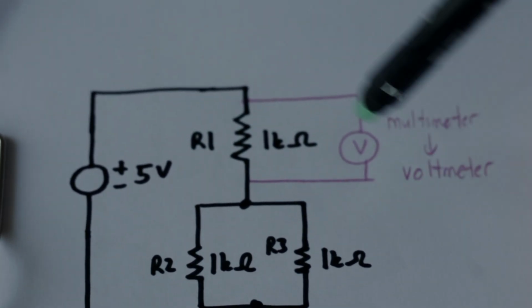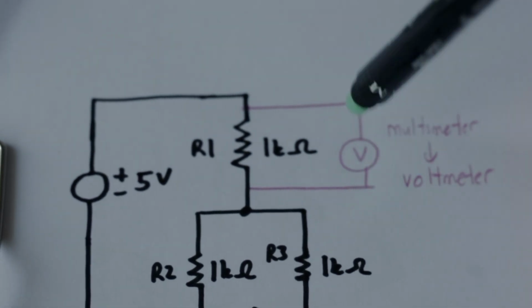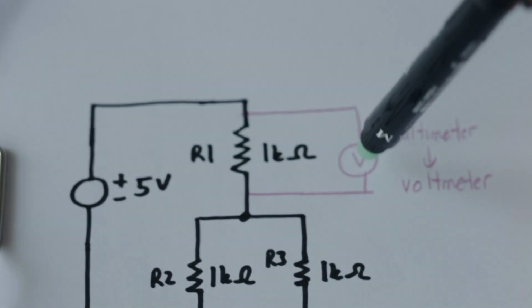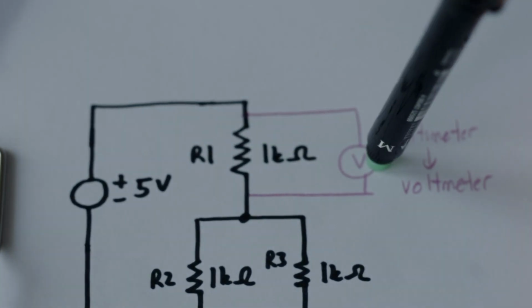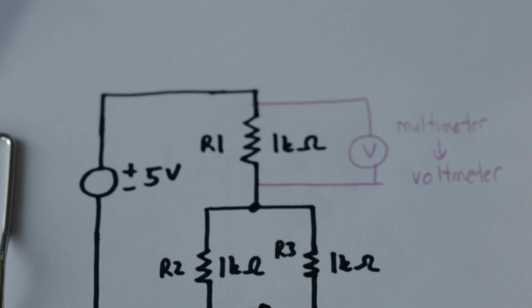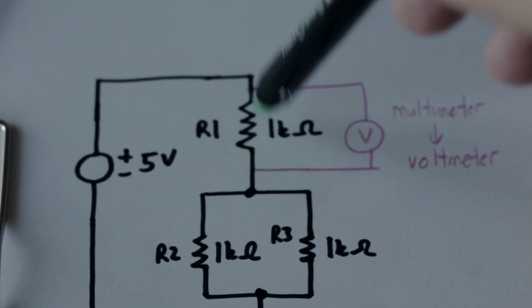The voltmeter basically has a theoretically infinite internal resistance. So the parallel combination of R1 with the internal resistance of this voltmeter is still R1. Therefore, this voltmeter does not interfere with your measurements. It wouldn't change the voltage across R1.